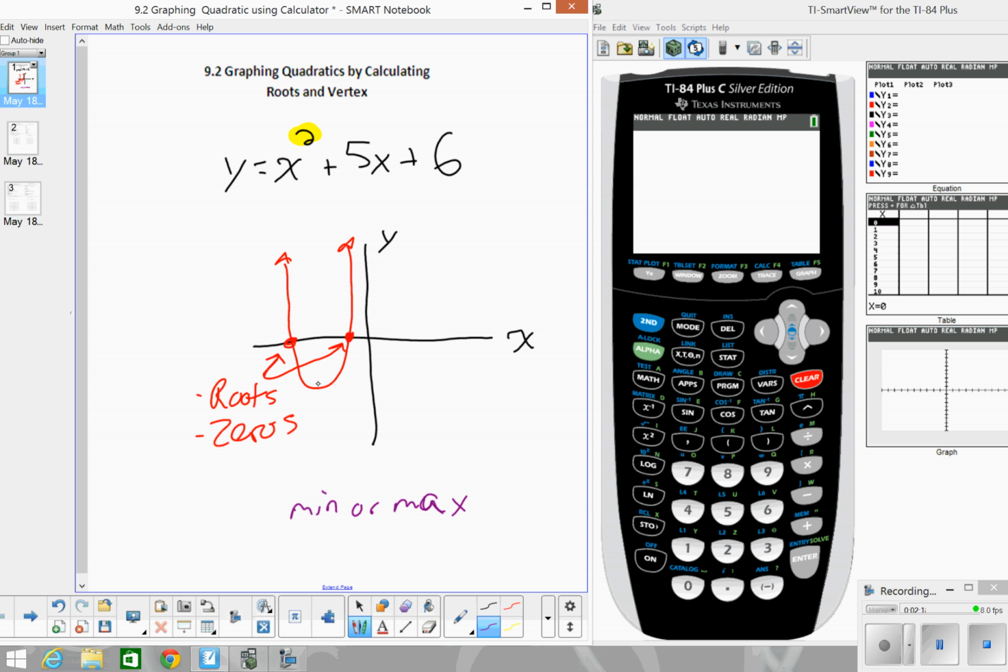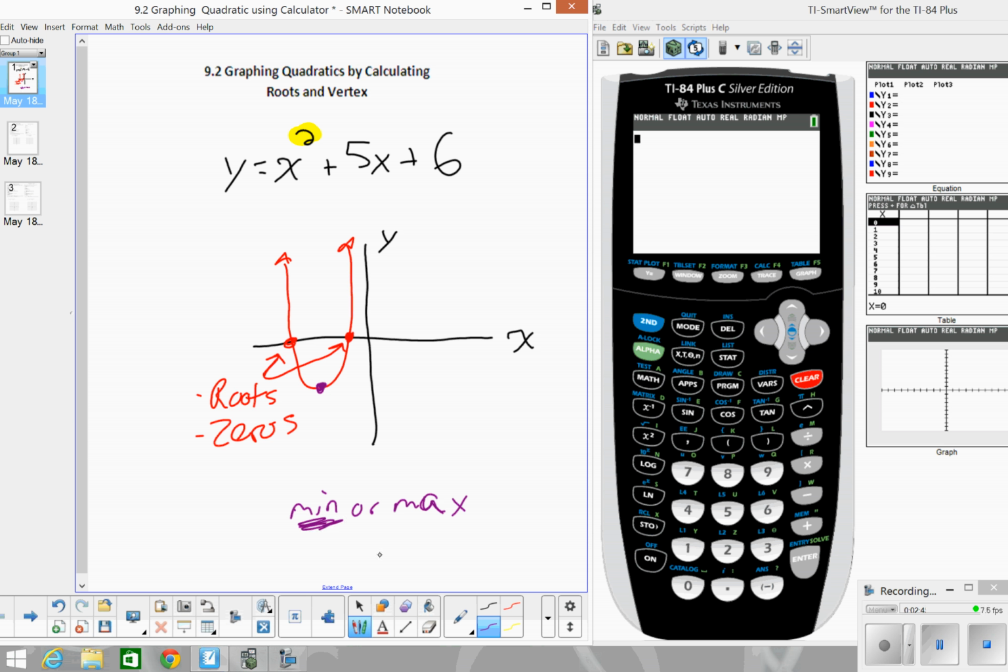If I plot my vertex, it's where my U kind of turns over, right there in the middle of our graph. What do we know about that point? It's either going to be a minimum point or a maximum point. If you follow your U, you only go down to that point and then you swoop back up. So in this case, we would have a min.